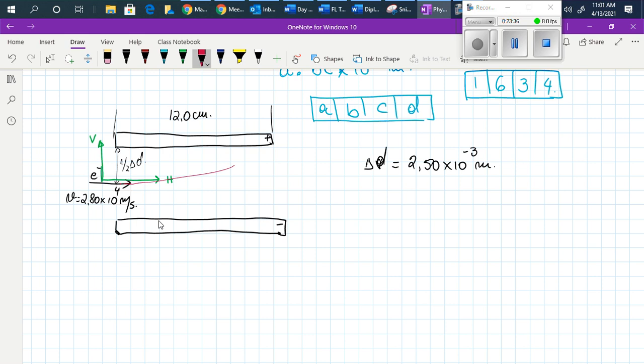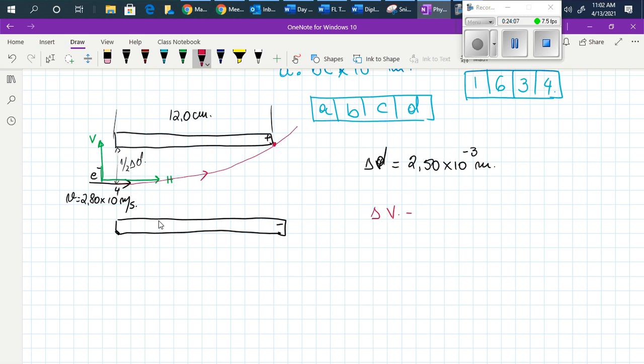If it is barely, then this will be what happens with the electron. It will just pass the positive plate, which is telling us that the range of the electron is exactly 12 centimeters. And what we will find here is delta D.